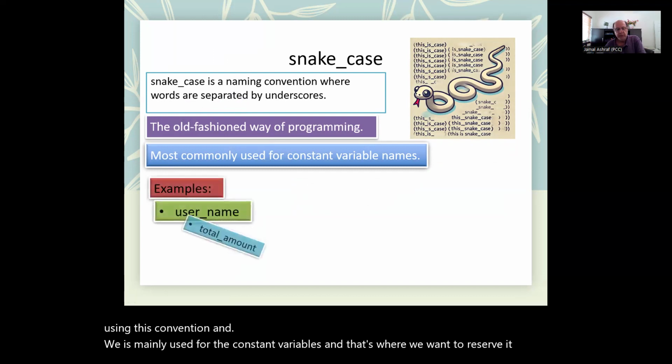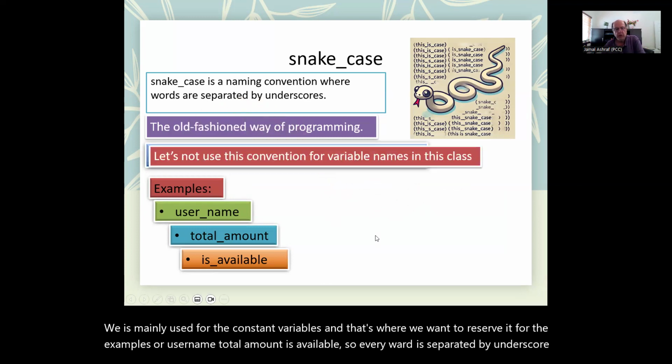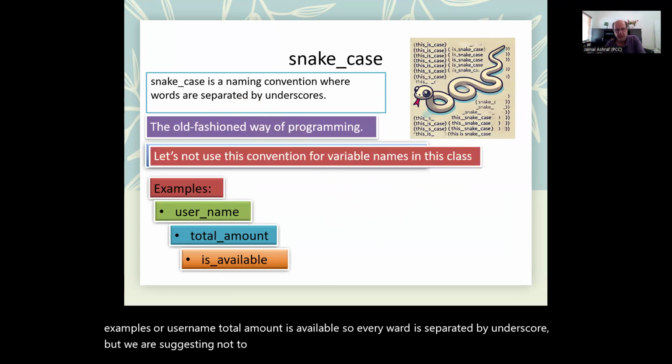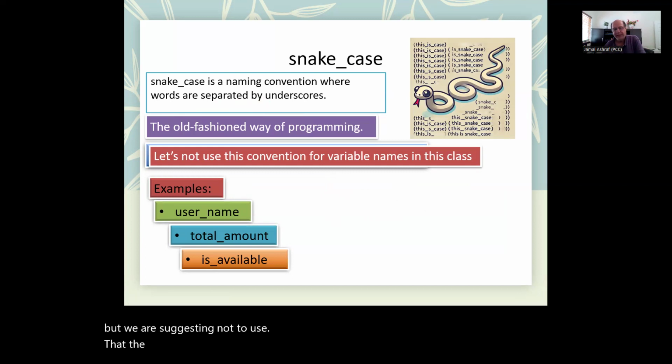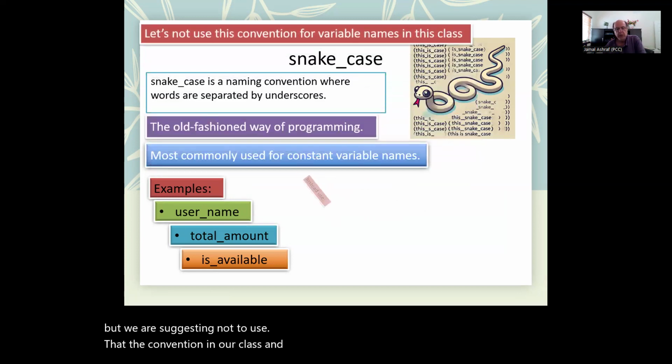The examples are user_name, total_amount_available, so every word is separated by underscore, but we are suggesting not to use that convention in our class, and instead use the camel case.